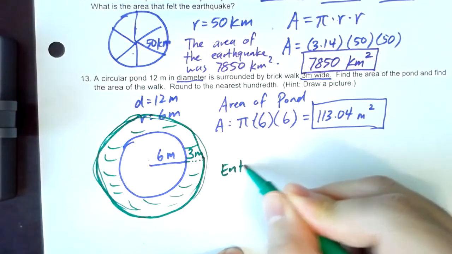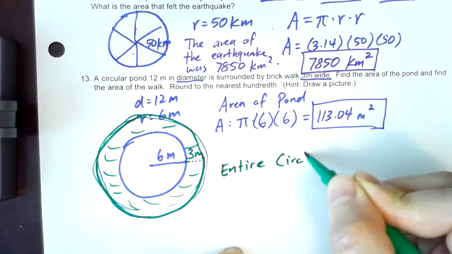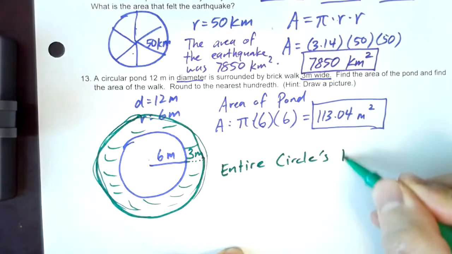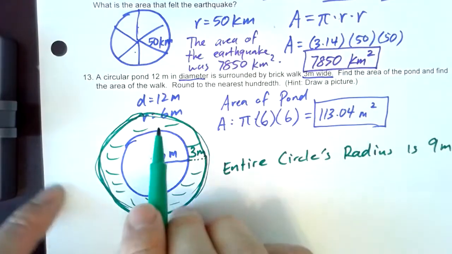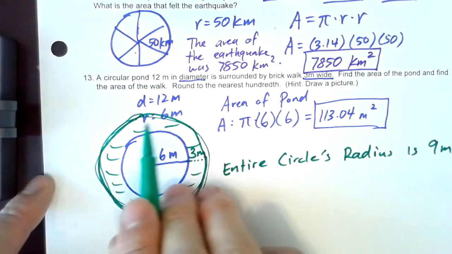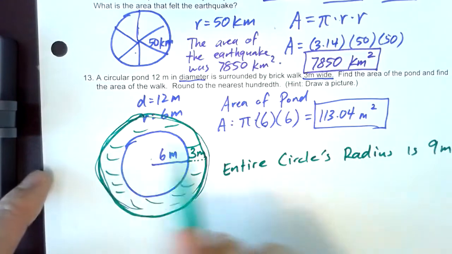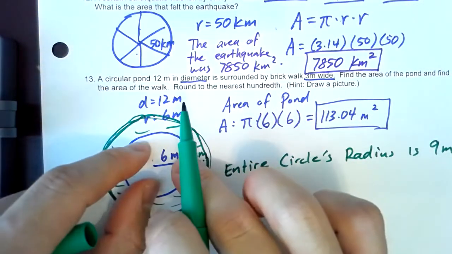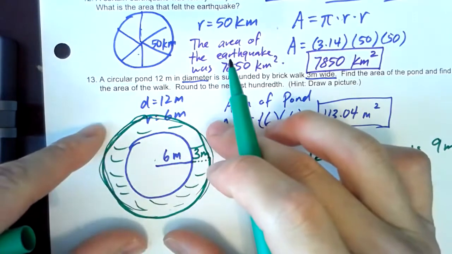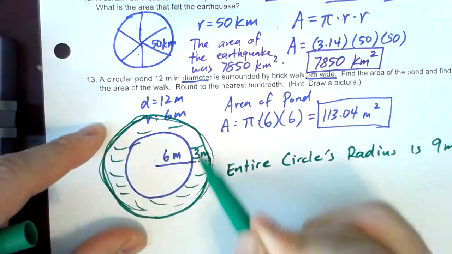So the entire circle radius is 9 meters. So if I take the entire circle, class, and then I subtract the area of the pond, the inside circle, doesn't that mean I will get the outer edge?